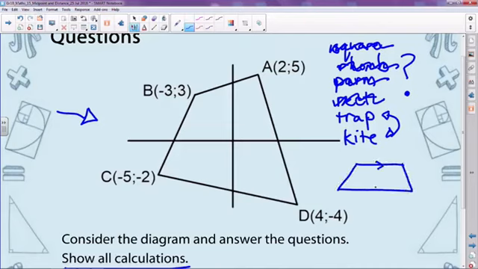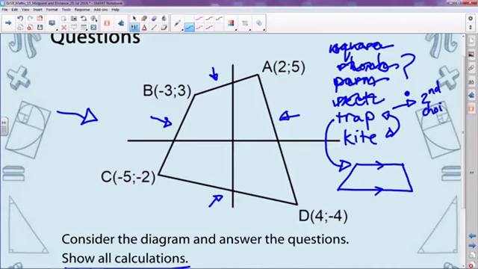That's the only thing that is interesting about a trapezium. And I know that this is not to scale, but I'm thinking it's highly unlikely that that line is parallel to that one. And it's also highly unlikely that that line is parallel to that one. So I'm going to leave that as a second choice.